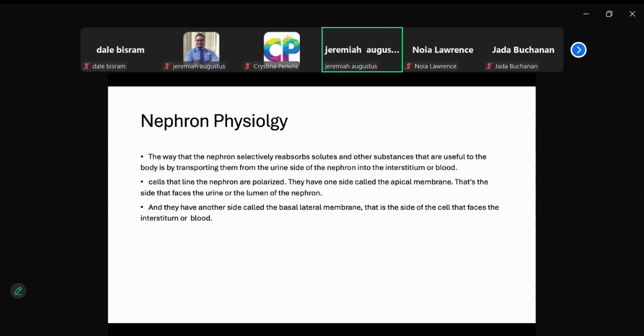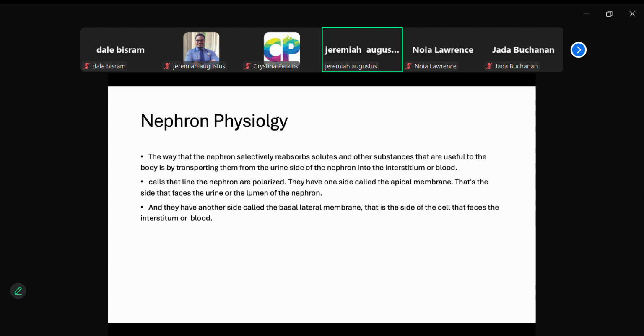This side is where the urine passes. We have cells, and then we have an interstitium, right? The kidneys move things that are important into that direction. And what we don't want, we pass into this direction, into the urine.